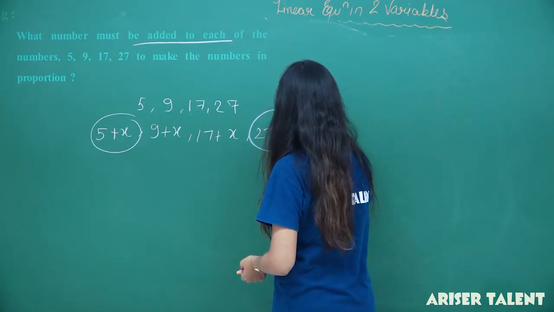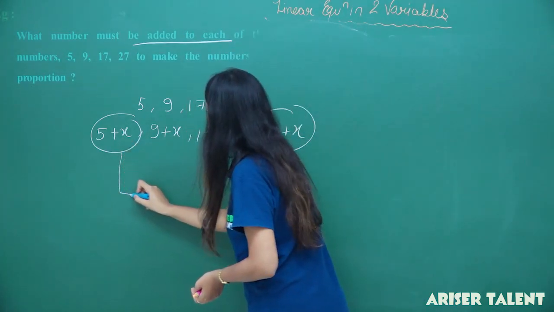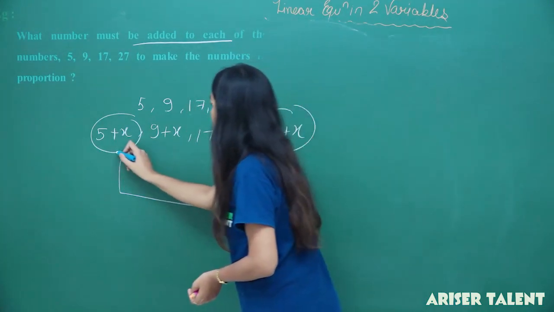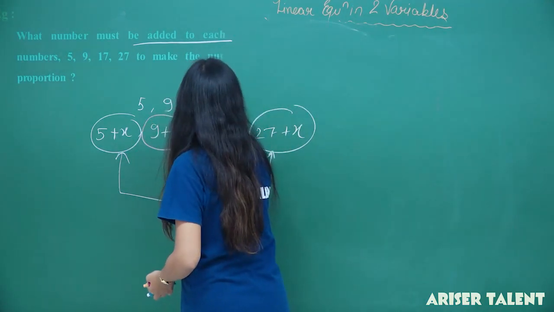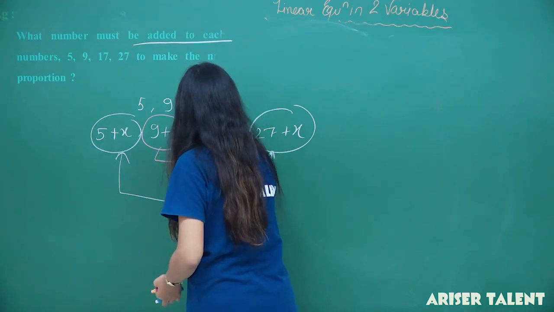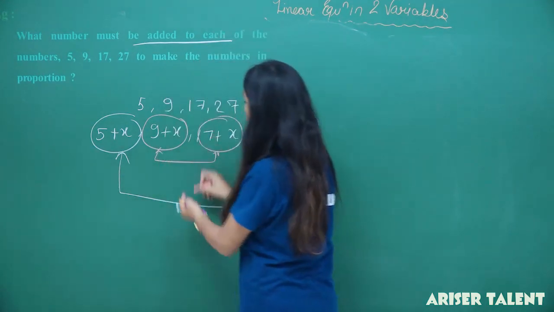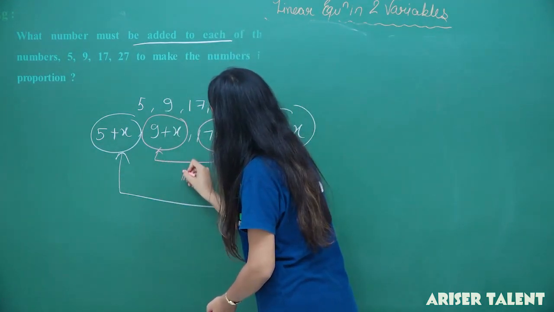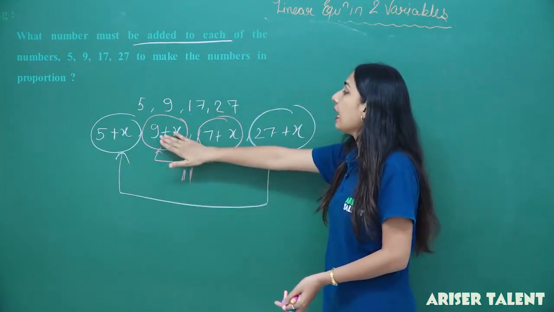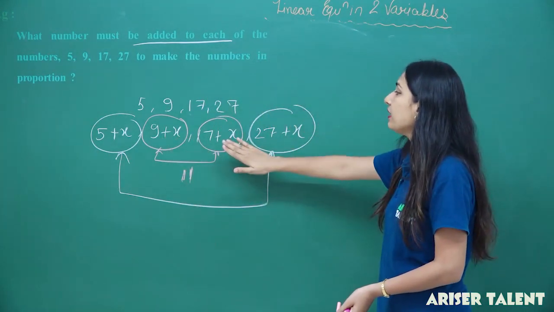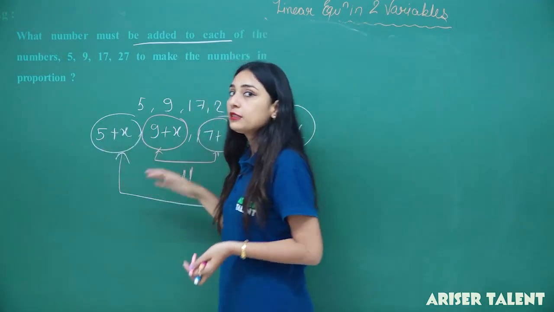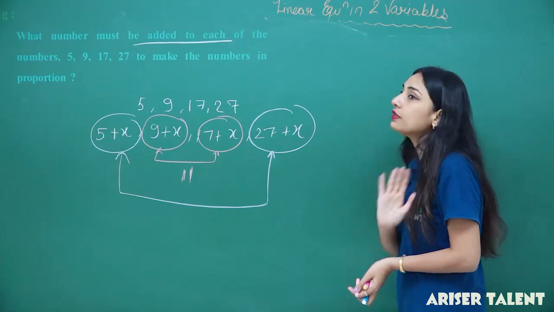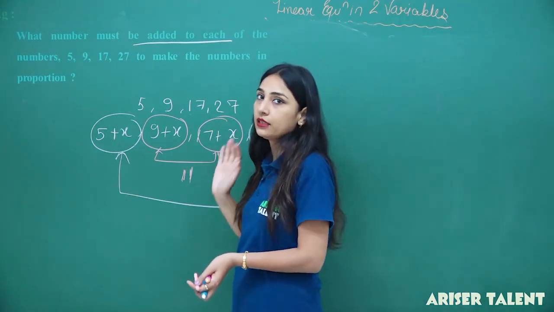When we multiply these two, and when we multiply these two also, they should be equal. 9 plus x multiplied by 17 plus x must be equal to 5 plus x multiplied by 27 plus x. This is the meaning here.